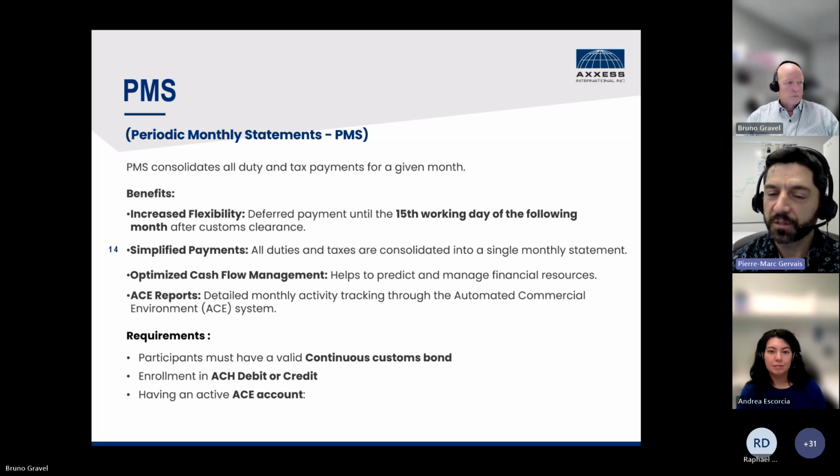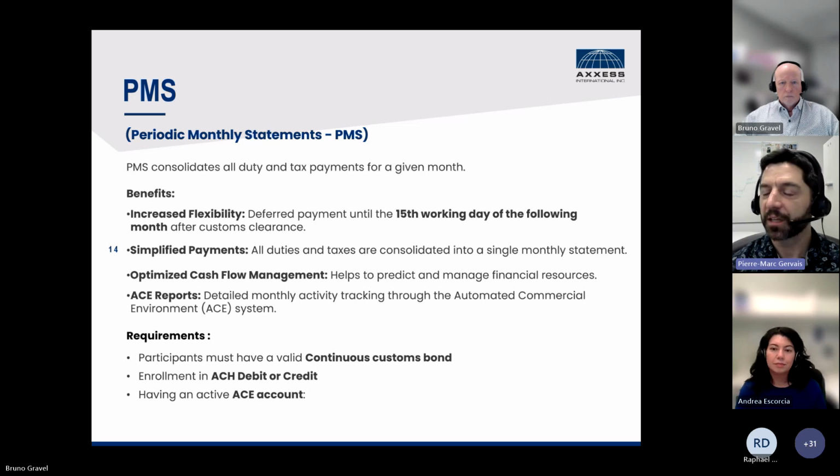Second benefit that you'll see is the simplified payments. Because you have a monthly statement, all your duties and taxes are consolidated into a single monthly statement. Otherwise, you will have daily statements. So it's a little bit harder sometimes to manage when you have daily statements, easier with a monthly statement. Third benefit, optimize cash flow management.